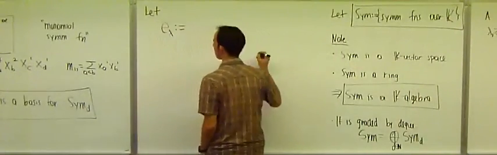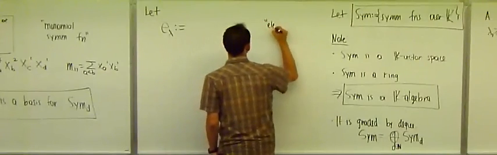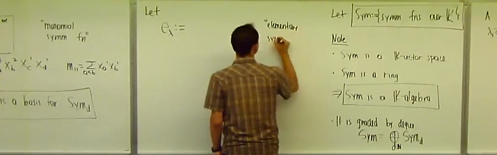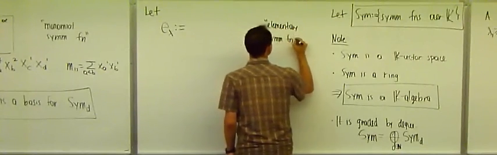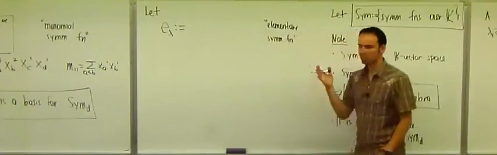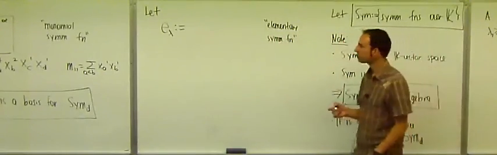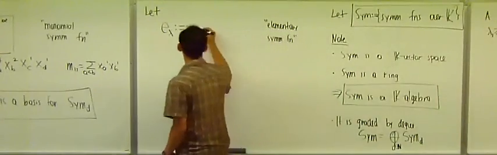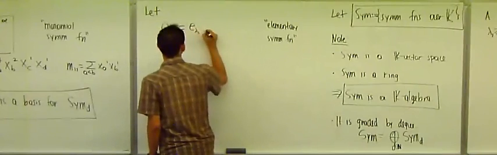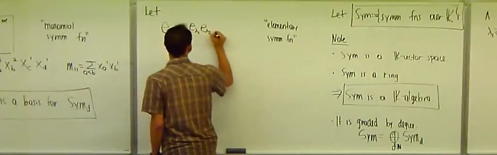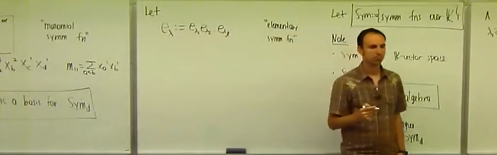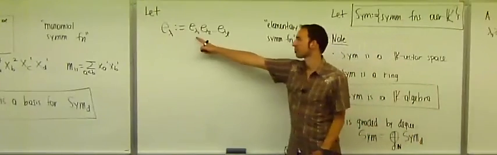This one is going to be called the elementary symmetric function. Lambda is going to be a vector, lambda 1, lambda 2, etc., and E lambda is just going to be the product of E lambda 1, E lambda 2, up to E lambda L, where these are numbers. Okay?